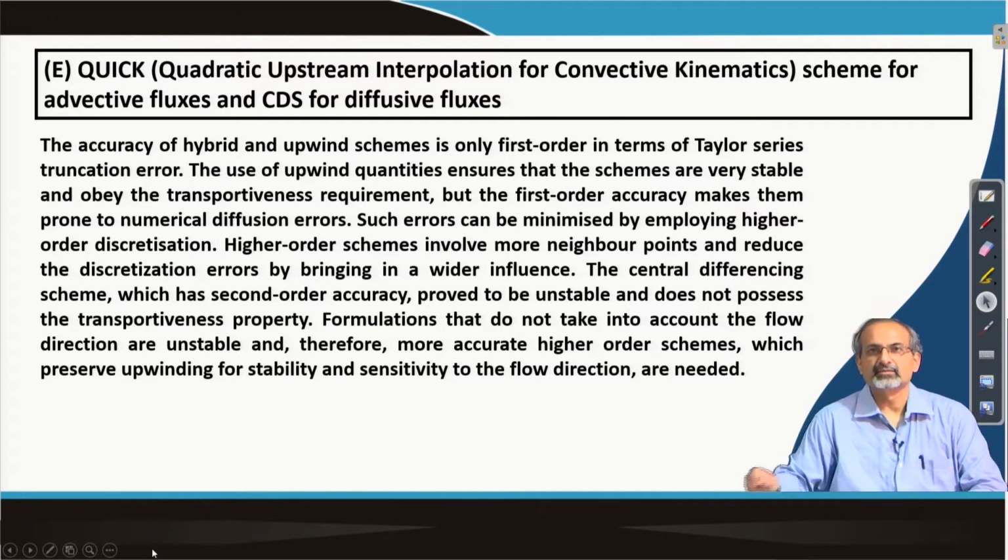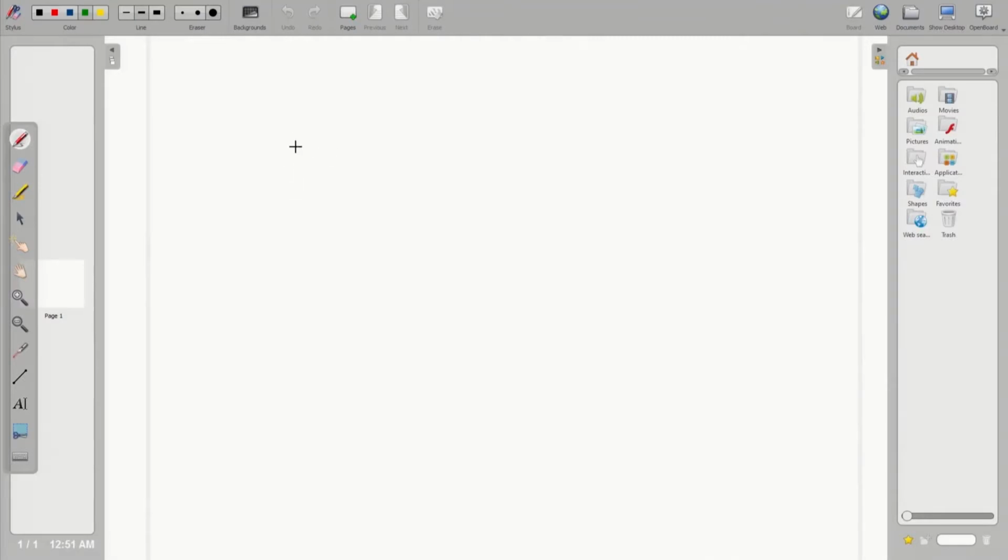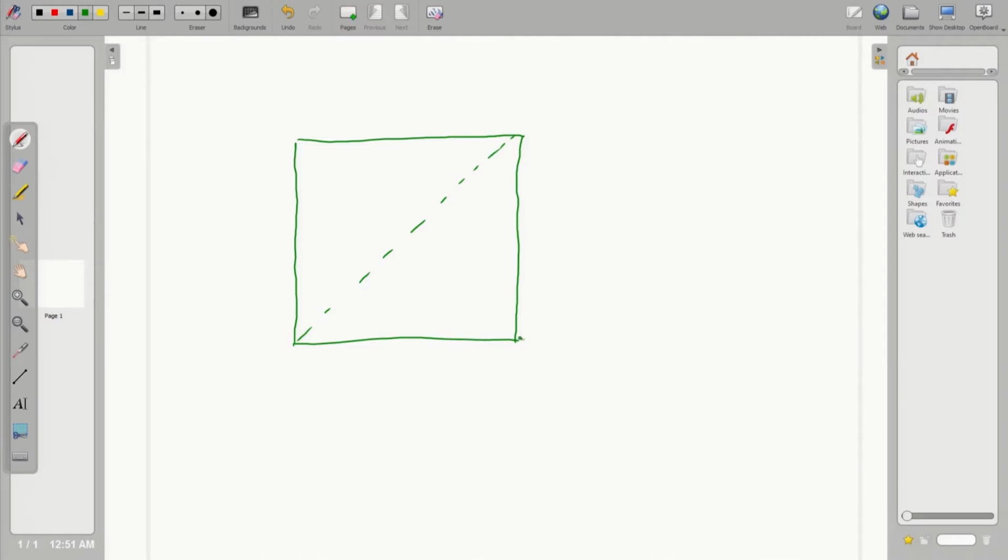So, let us make a small diagram to understand the behavior. In a 2 dimensional problem, let us see how we would pose the problem to begin with. This is a 2 dimensional domain in the xy plane, and we have the u component of velocity defined in this direction.